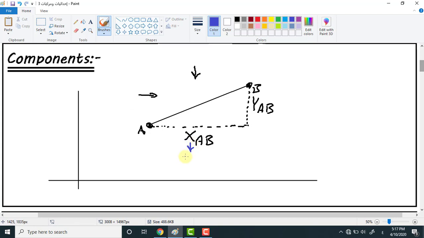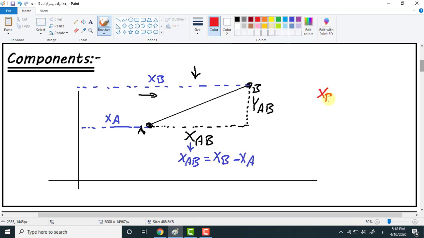So XAB has a value and a direction. XAB equals XB minus XA. This is the distance, we call it XB, and this is the distance, we call it XA. If we want X from B to A, we will subtract XA minus XB.